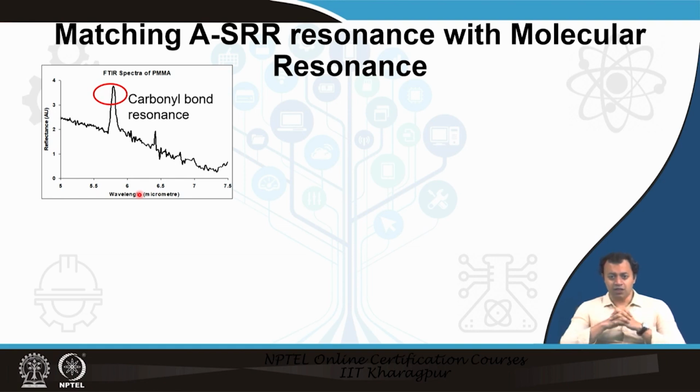But with your metamaterials, you can change the size, shape, etc. of your split ring resonator, and you can match those two. The molecules are resonating at this frequency, the metallic nanostructures, the split ring resonators, are resonating at this frequency, you combine them together, and you get a combined resonance frequency.